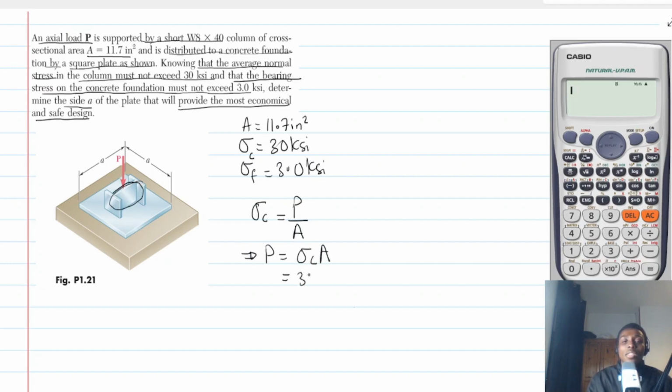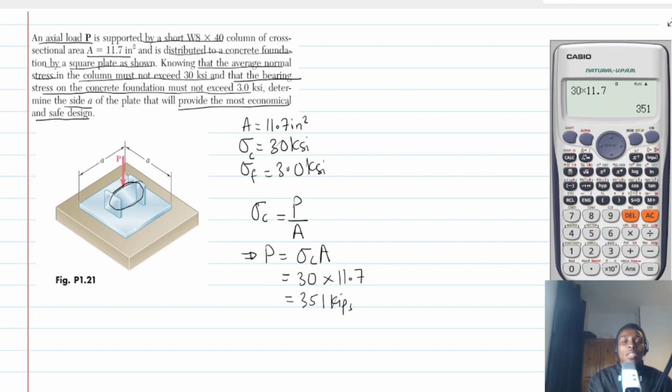So if the stress is 30, I can just multiply the stress by the area, which is 11.7. If I multiply 30 by 11.7, I'm going to get 351. Now this 351 here is actually the load.